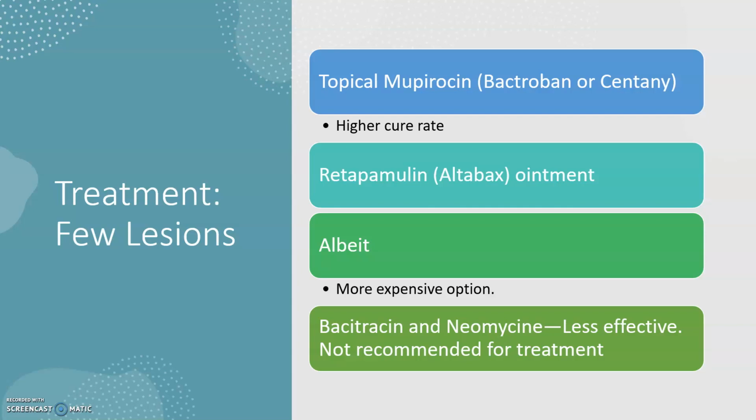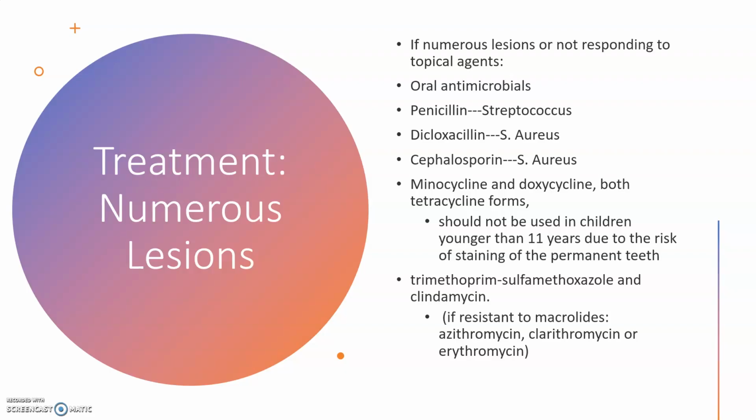So let's look at treatments for numerous lesions. Penicillin was a common choice that was clinically effective, one of the reasons being that Streptococcus was one of the most common bacteria found in individuals with impetigo.